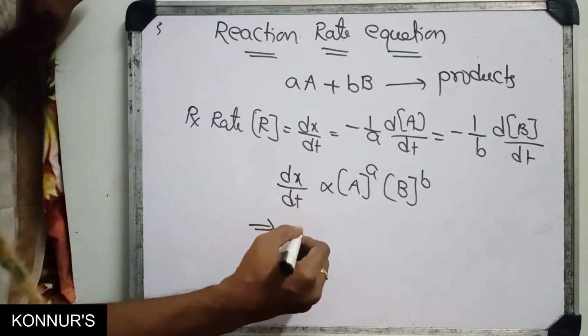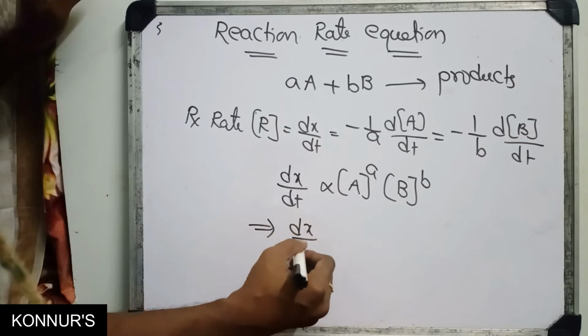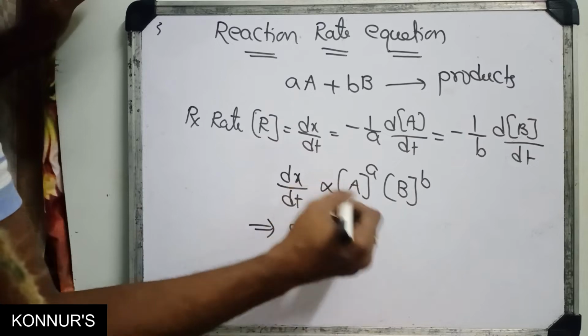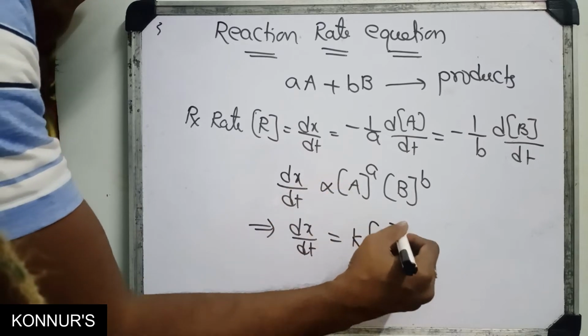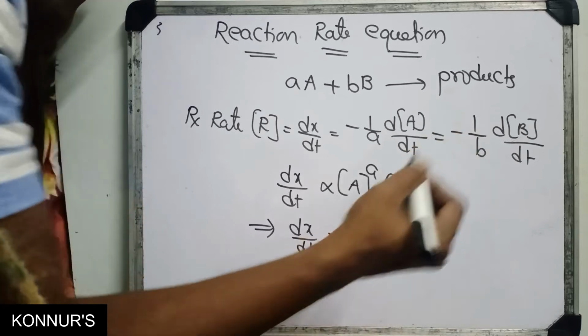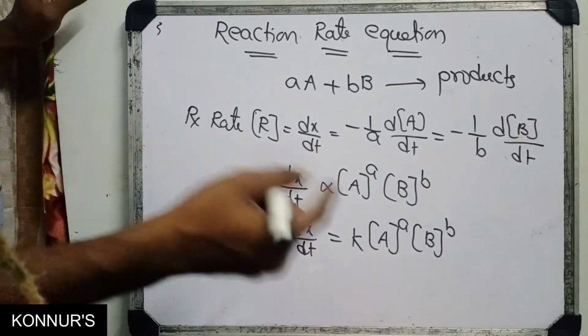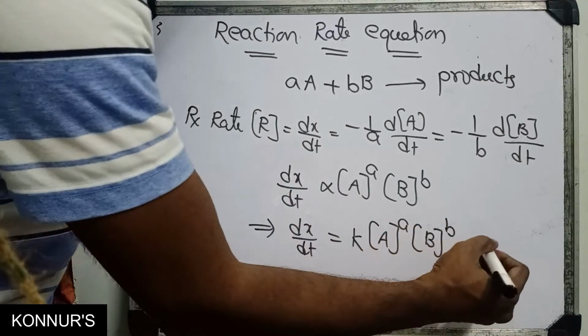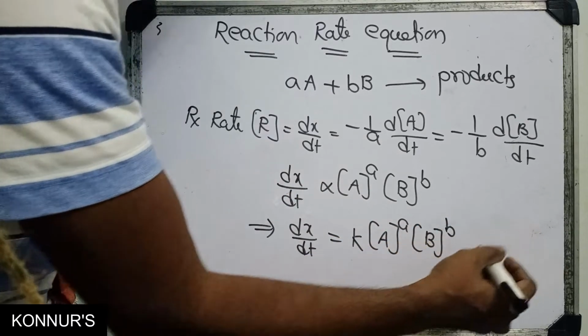That implies dx by dt equals some constant K into A power a into B power b. If you observe the experimental data, it may be like this, or it may not be.